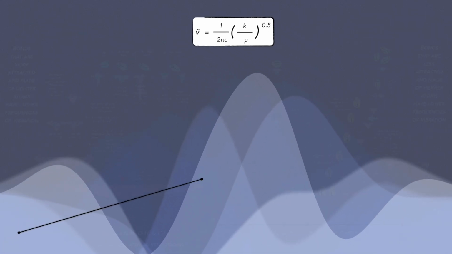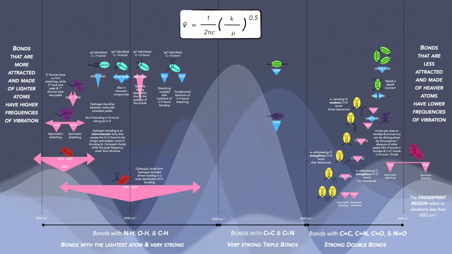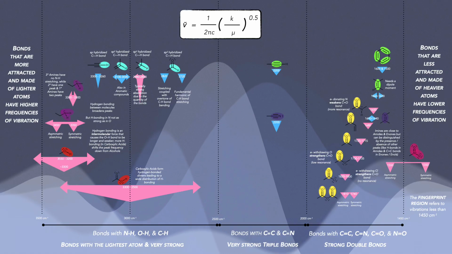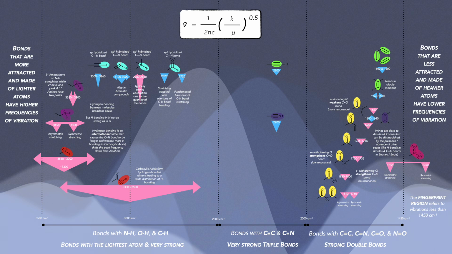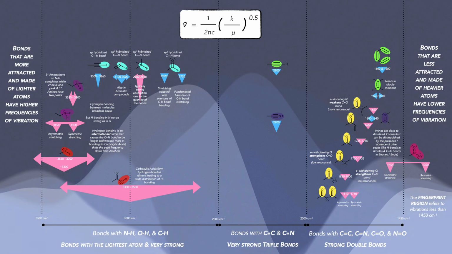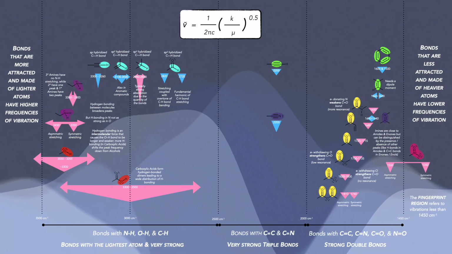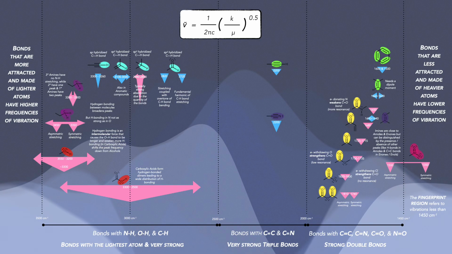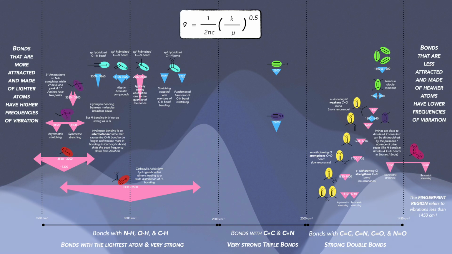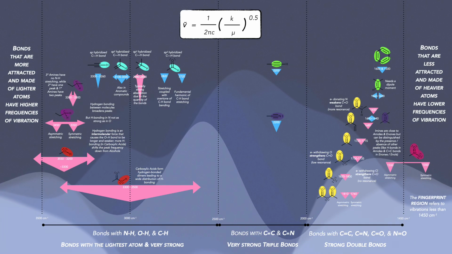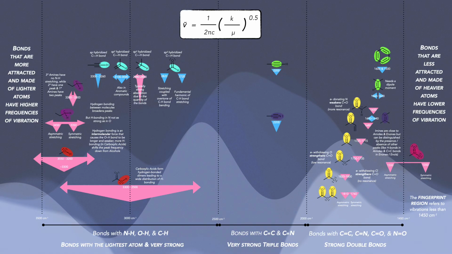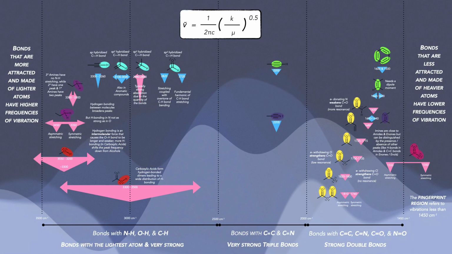And now we can get the whole perspective. Different types of bonds absorb IR radiation at very predictable frequencies. We can understand these trends directly from the physics. Stronger bonds will vibrate faster, while weaker bonds will vibrate slower.